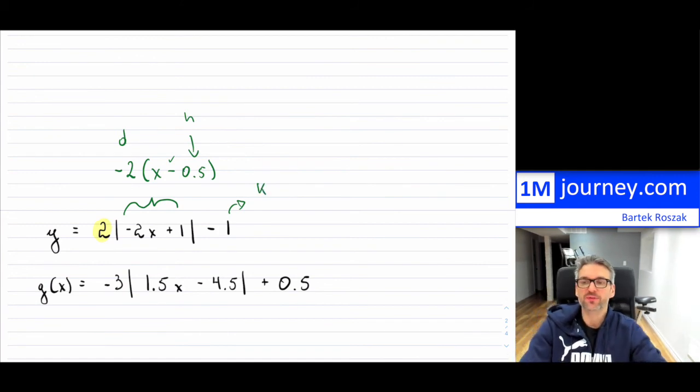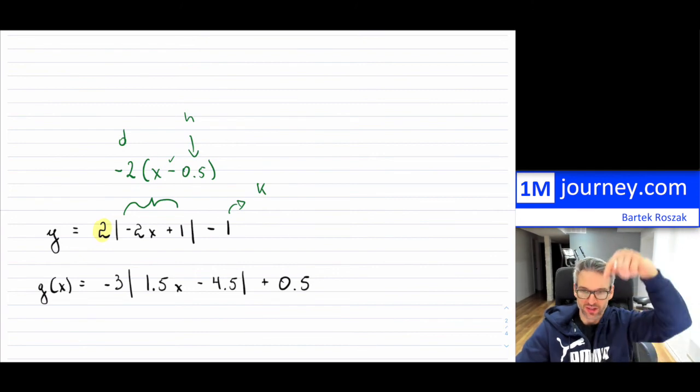So the -2 means, well, negative typically would mean that we would have a reflection in the Y, but because we have an absolute value, it just mirrors exactly the same thing. But the 2 does mean that we'll have either a compression or a stretch, okay? So that's what we should expect to see. And then the 0.5 just means that it's going to get shifted to the right, and then the -1 for K just means that it's going to get shifted down.